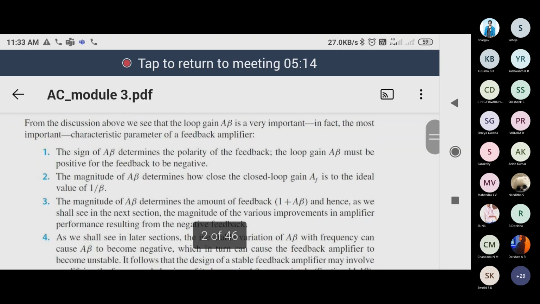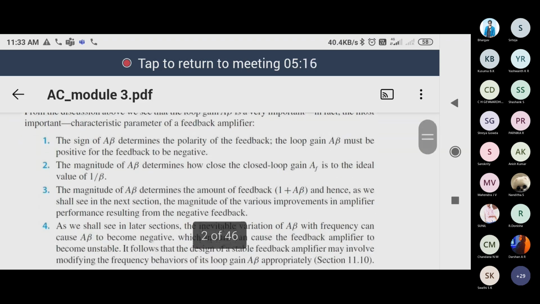The magnitude of A beta determines how close the closed loop gain AF is to the ideal value of 1 by beta. So it is just a relation, gain and beta, that is feedback factor, both will be there. You should correlate them. These are all the characteristics we are going to measure and identify when we are discussing the feedback amplifier.